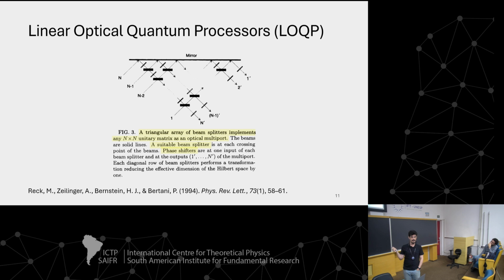And this is 1994, and by a suitable beam splitter, they mean that you're friends with someone that can fabricate a small glass cube with the proper transmission and reflection coefficients. This is what they mean. And you would need a whole bunch of different cubes to build your different unitaries. It's really not practical at all.